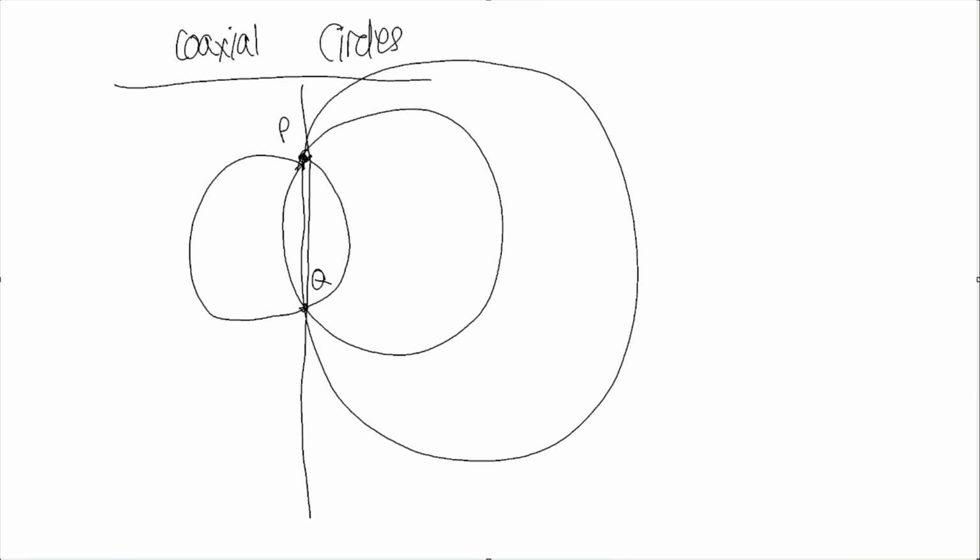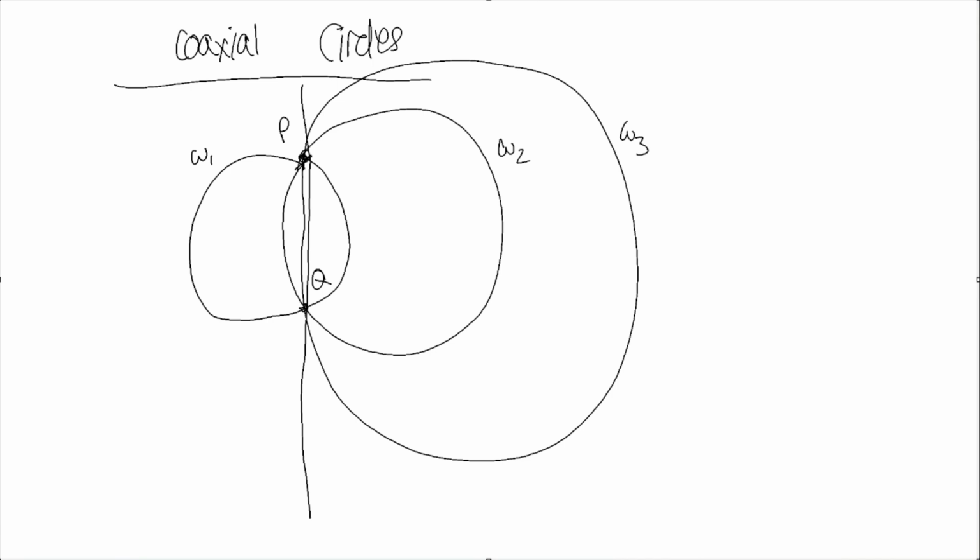And this is our common radical axis. So let's call them omega 1, omega 2, and omega 3. So all of these three circles have the same radical axis if they meet at another point Q.